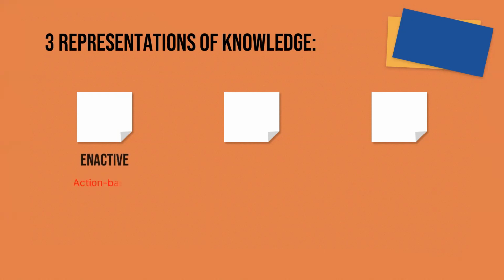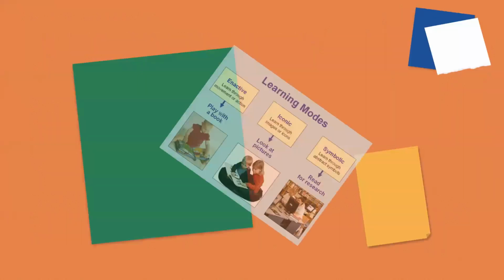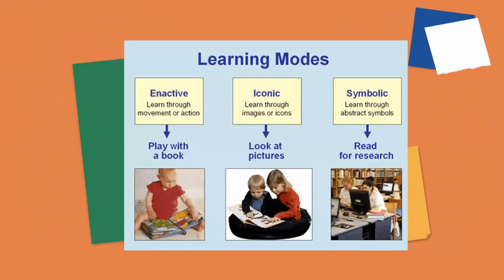We have enactive, action-based, iconic, image-based, and symbolic, language-based. So when we say enactive, the example of that is like a child playing with a book. Iconic, image-based, like children looking at pictures, and symbolic, learning through abstract symbols. So I'm going to give more examples in the next slides.